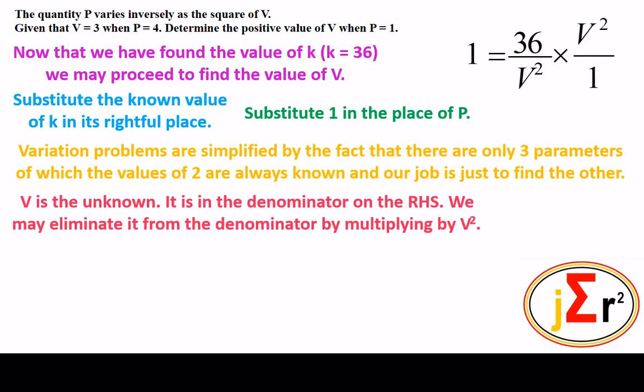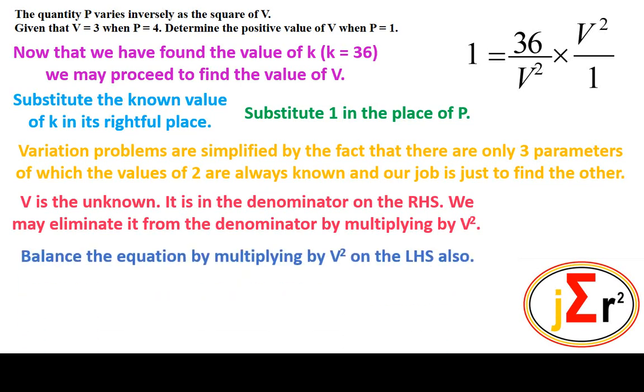So we multiply by v squared on the right hand side. And do not forget that whatever we do to change the value of one side of an equation must be done to the other side in order to change the value of that side in the same way. So we need also to multiply by v squared on the left hand side, and that is known as balancing the equation.